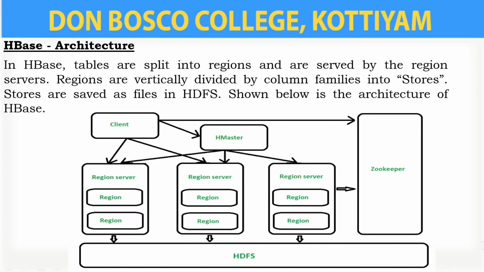In the figure, we can see the architecture of HBase. That is, we have an HMaster, the master server, and there are different region servers. And there is a Zookeeper to control all the processes inside HDFS.